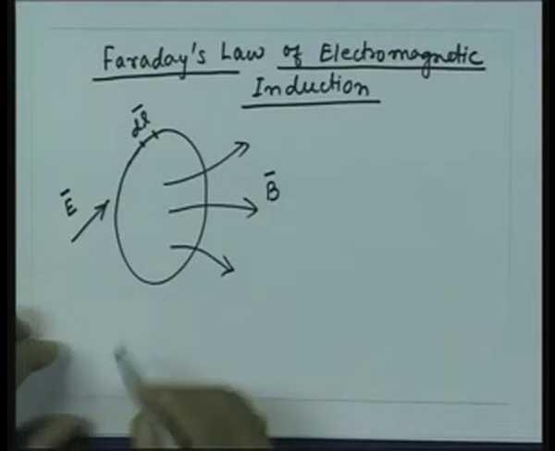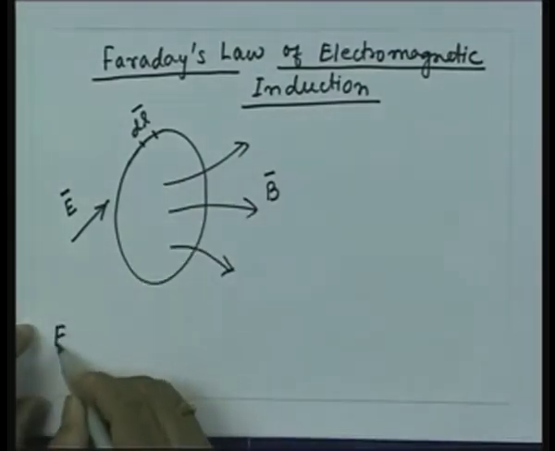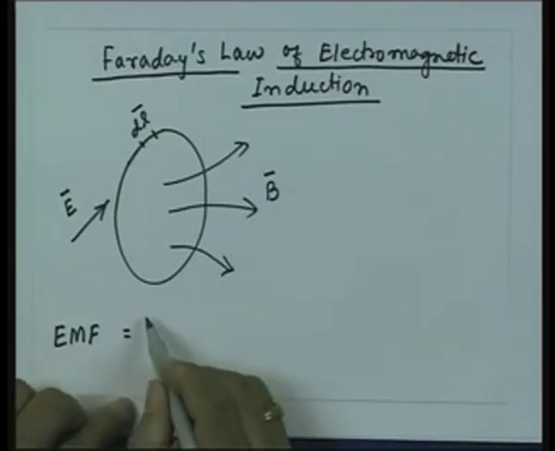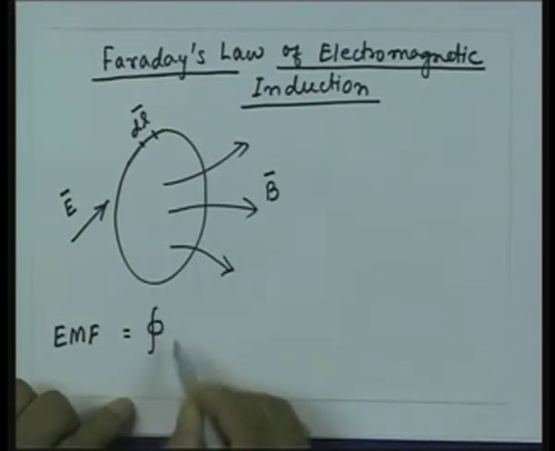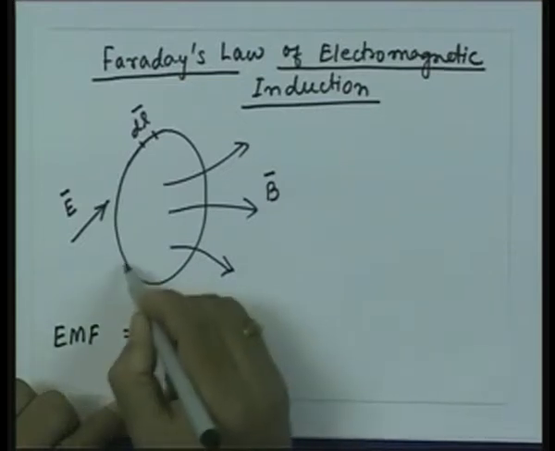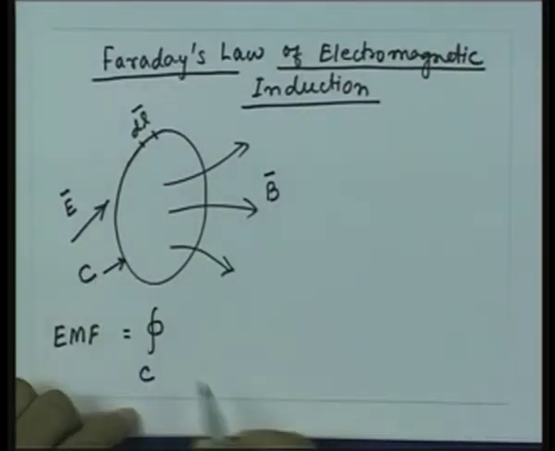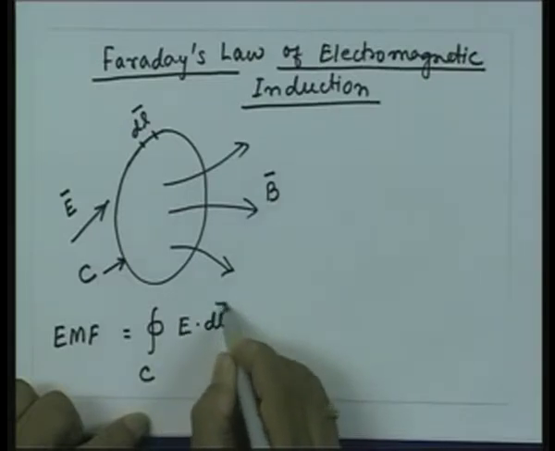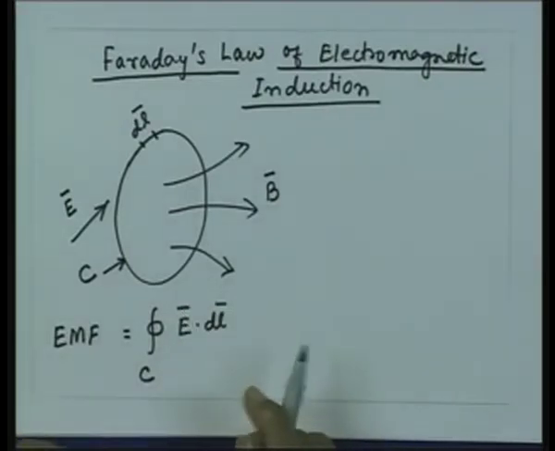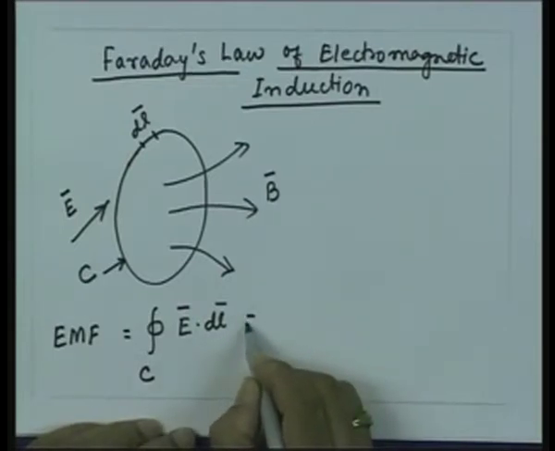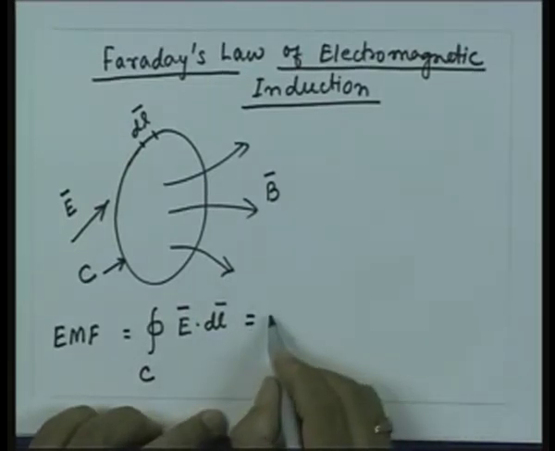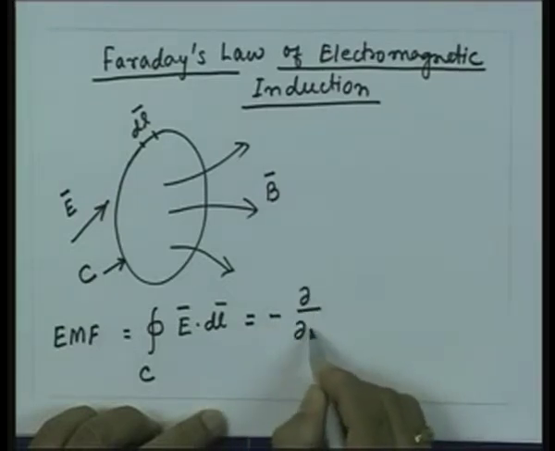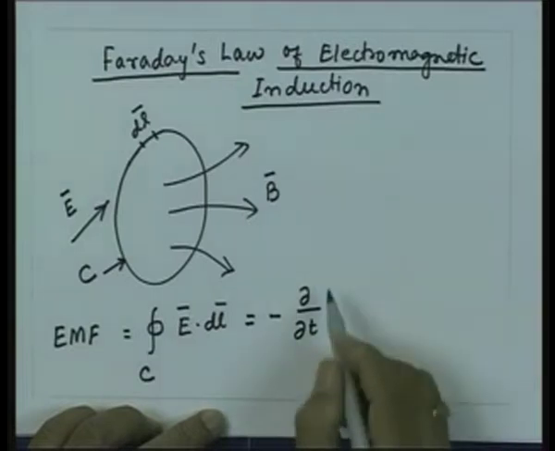So, mathematically, the EMF produced because of this electric field is the line integral over this contour C, this contour is C, of E dot dl, and that is equal to minus d by dt of the total flux.